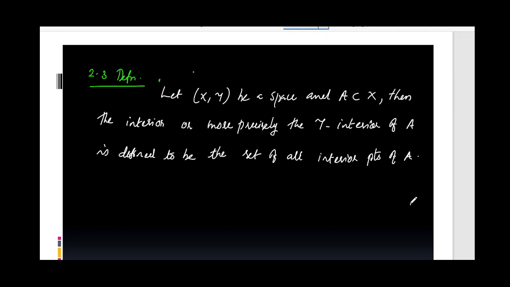Now what was an interior point? A point is said to be an interior point of a set if there exists an open set containing that point and that set is completely contained inside your set. Then we will say that it's an interior point.